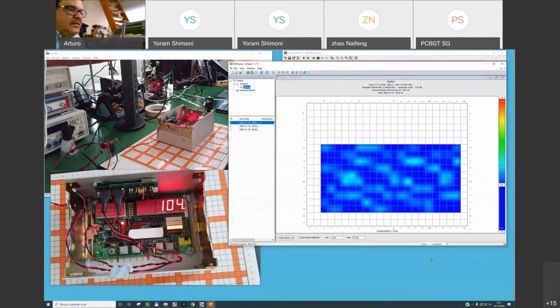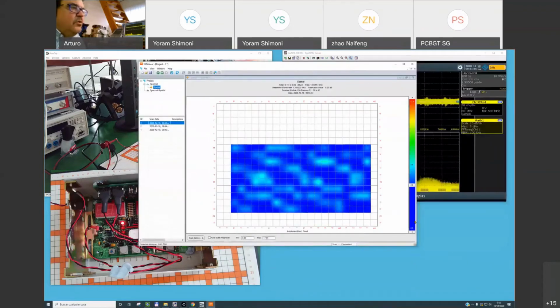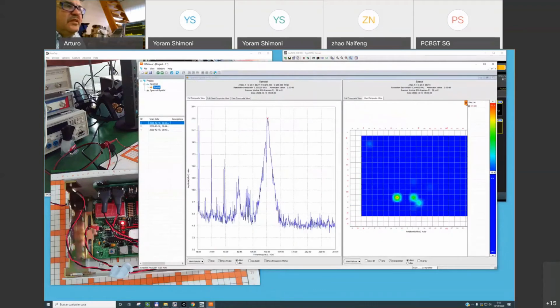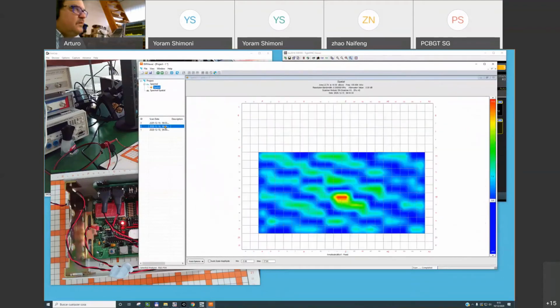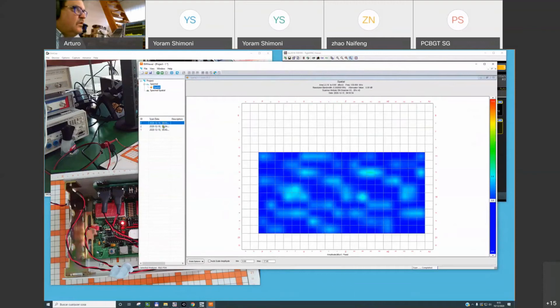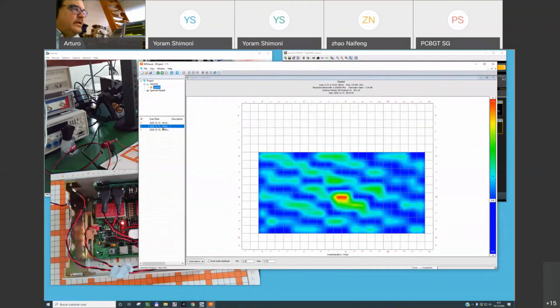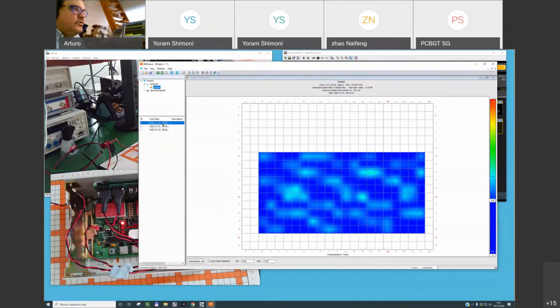Look at this. This is the leakage from the same holes with the cables close to the slots, and with the cables at some centimeters from the slots.